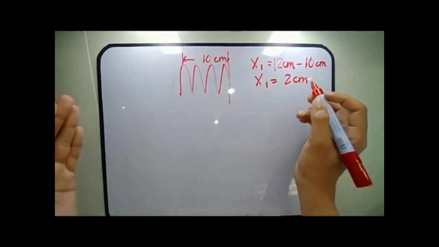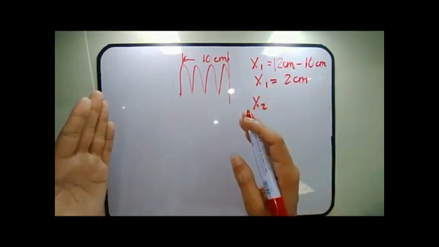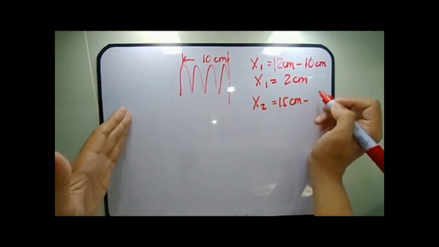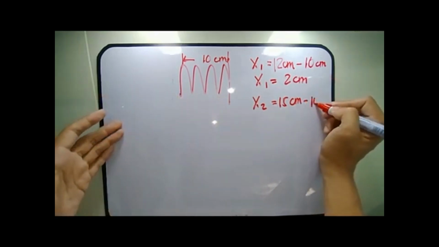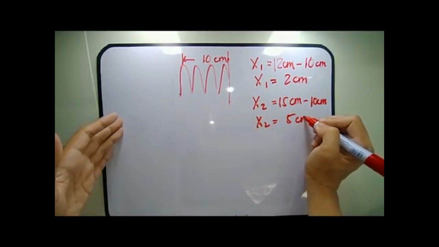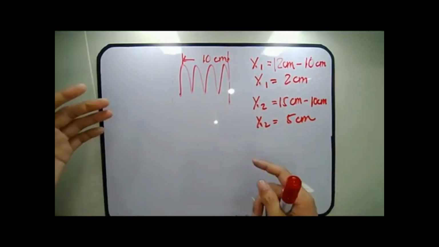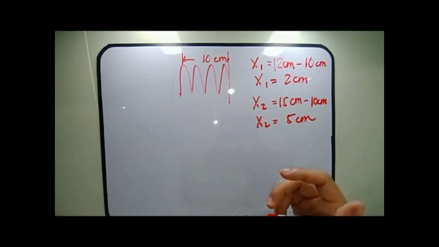Then, the final elongation, x sub 2. X sub 2 will be a total length of 15 cm. Therefore, the change in elongation will be 15 cm minus the reference length, 10 centimeters. So, x sub 2 will be 5 cm. So, this will be our limits. Now, assume a force of 8 newtons is needed to hold it at a length of 12 cm.